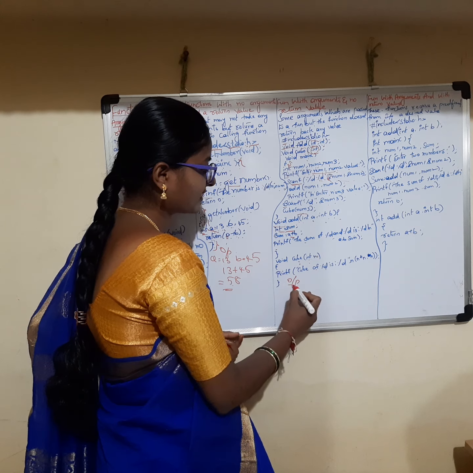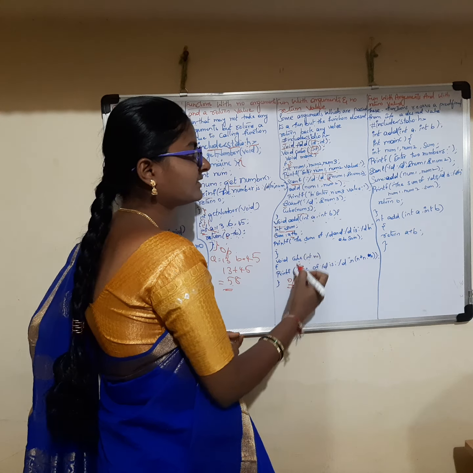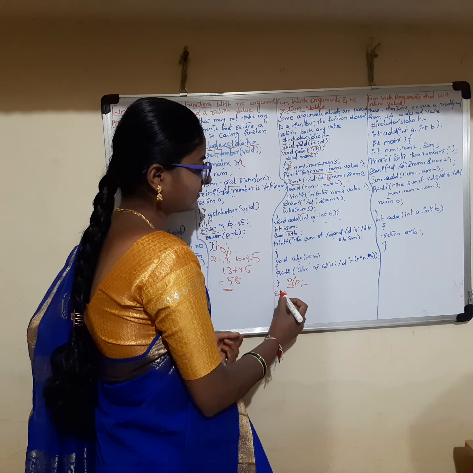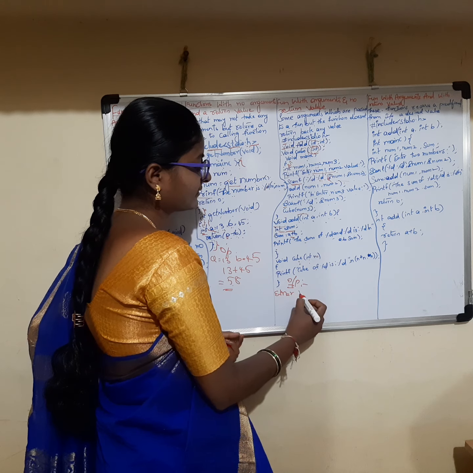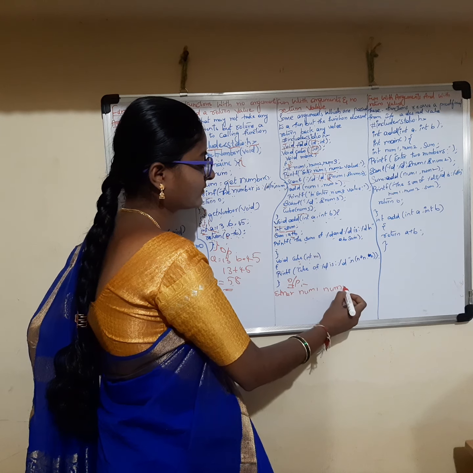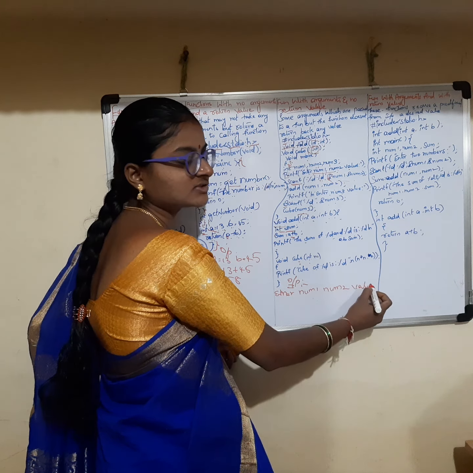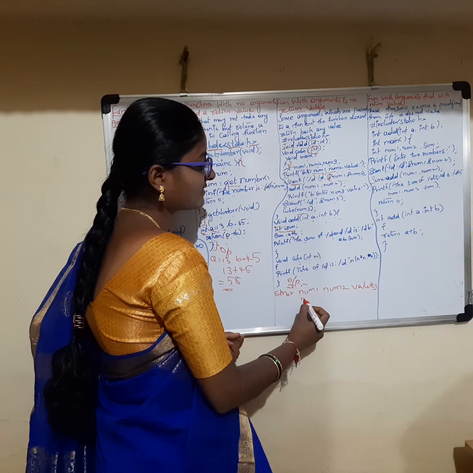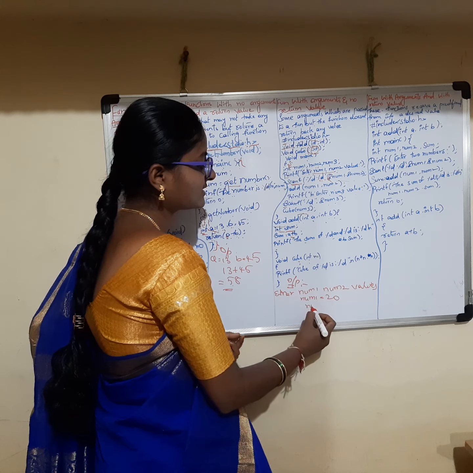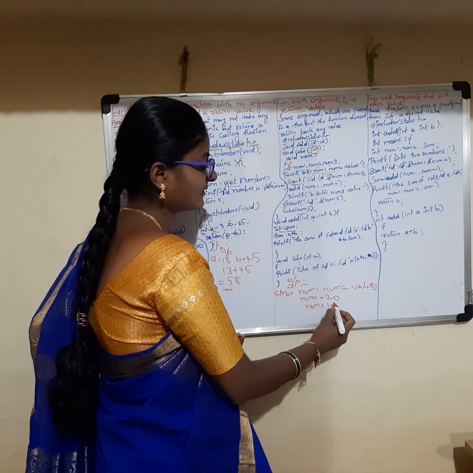The output for this program is: first we will enter number 1 and number 2 values. First we have to enter number 1 is equal to 20, number 2 value is 10.